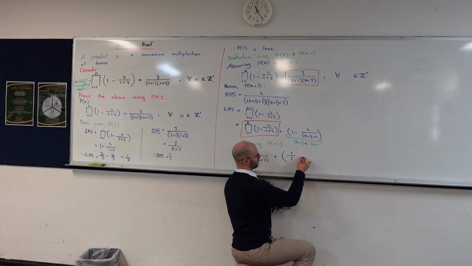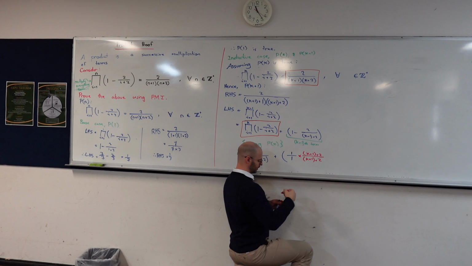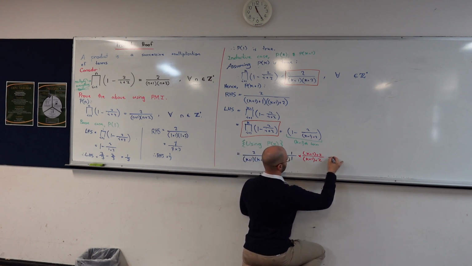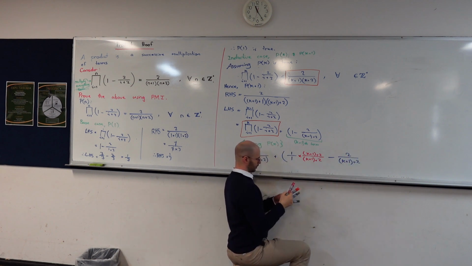Then we're going to times k plus 1 plus 2 over k plus 1 plus 2. Do you guys remember this from the start of year 10? 1 is equal to anything over anything, so you can say that 1 is also equal to k plus 1 plus 2 over k plus 1 plus 2.